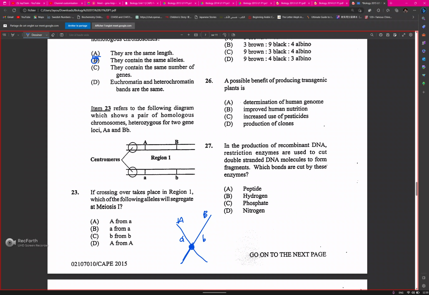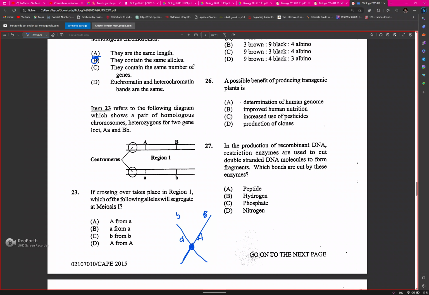Oh, I'm just seeing some... Oh, I wrote it wrong, you know. Hold on. I wrote it wrong. It should be large A down here, on this loci here. And then we have small b. Alright, so what was going to be? You're going with A. Somebody going along with A. So within crossing over, what happens to the chromosomes?